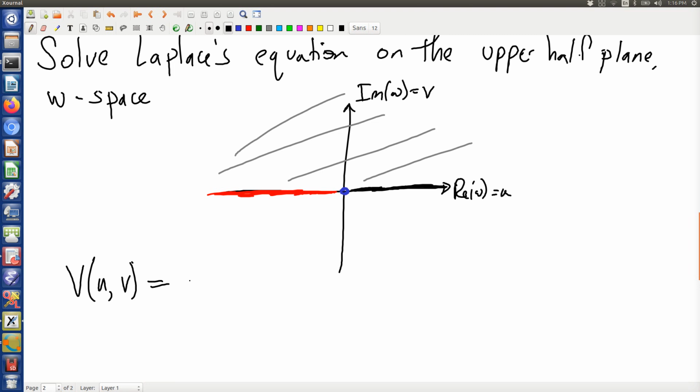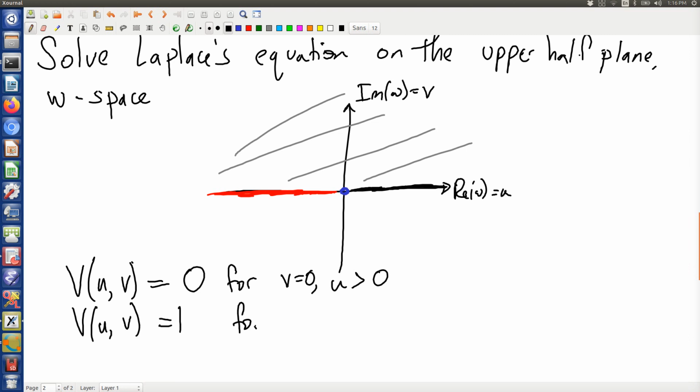We want it to be equal to 0 for v equals 0, u greater than 0. We want it equal to 1 for v equals 0, u less than 0. Okay, that's what we want.